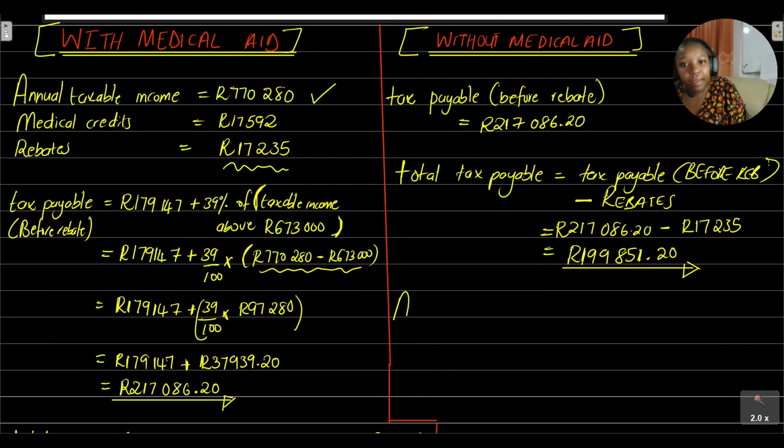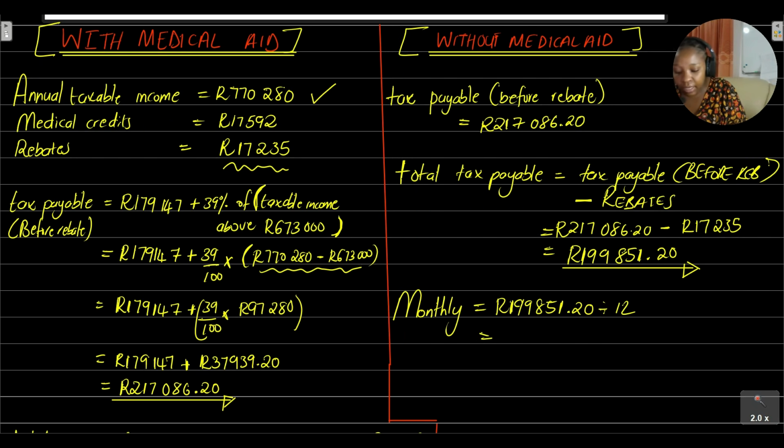How much does he pay monthly? Monthly, we are just going to take that 199,851.20 divided by 12, not multiply, divided by 12, because we want the monthly amount that he would pay.